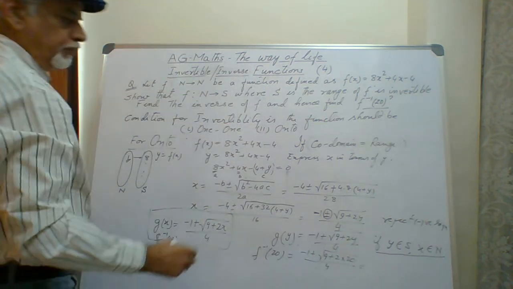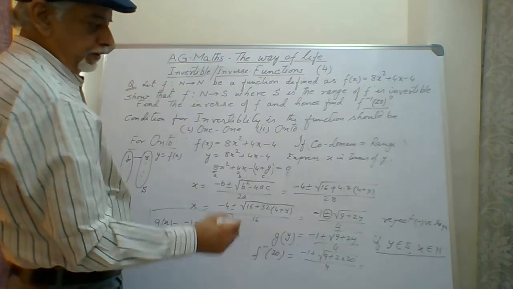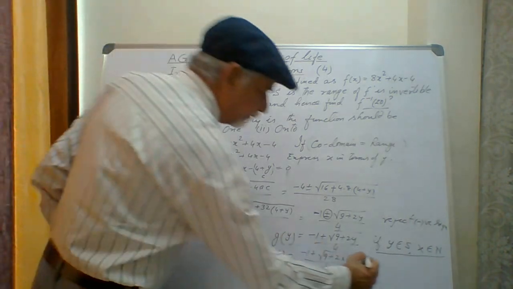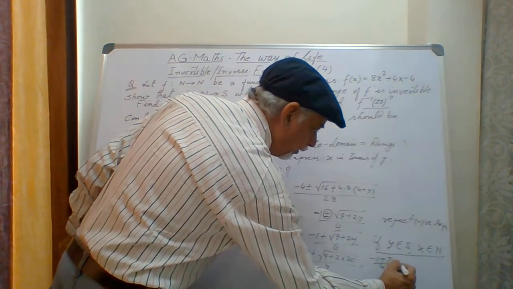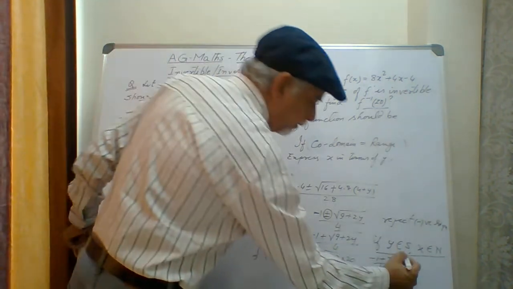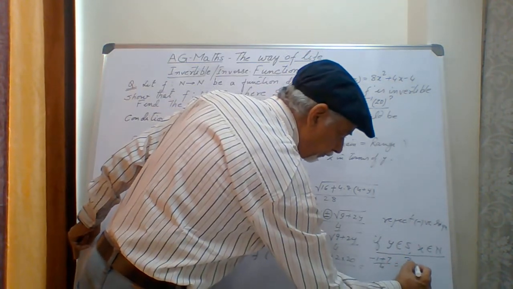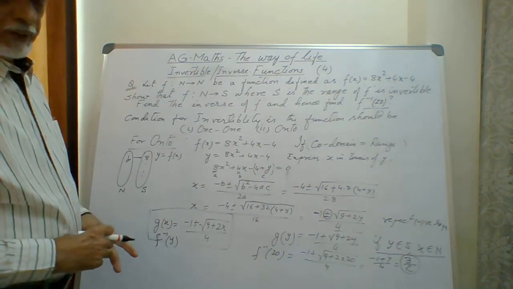This gives you minus 1 plus 7, because 40 plus 9 is 49, and the square root of 49 is 7. So this is minus 1 plus 7 over 4, or 6 by 4, which is 3 over 2. So 3 over 2 is your final answer to this problem.